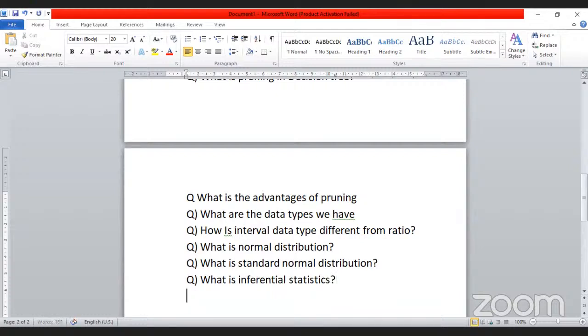Now the next one is, what is the central limit theorem?